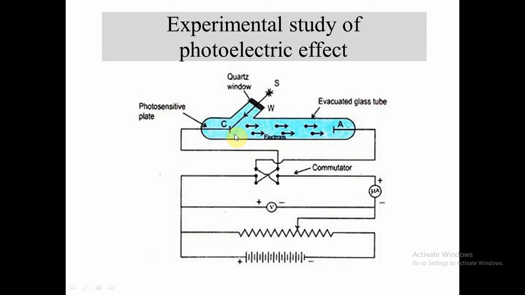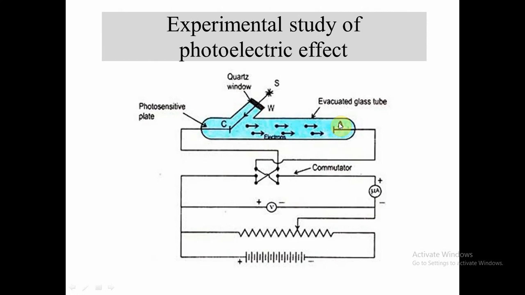Vary the positive potential of plate A gradually and note the photoelectric current each time. It is found that the photoelectric current increases gradually with increase in the positive potential of plate A. For a certain positive potential of plate A, the photoelectric current becomes maximum, or saturates.